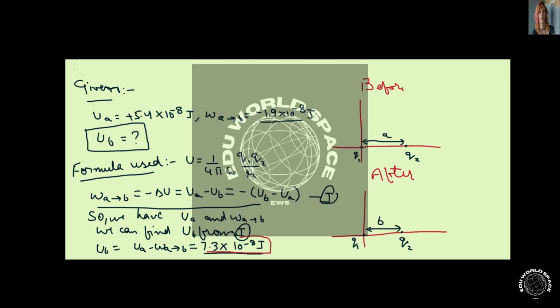So that's your answer for the potential energy when the particles are at distance B.